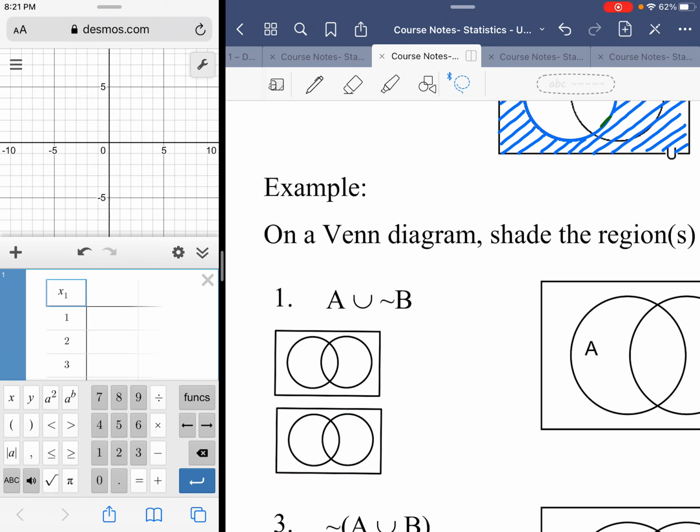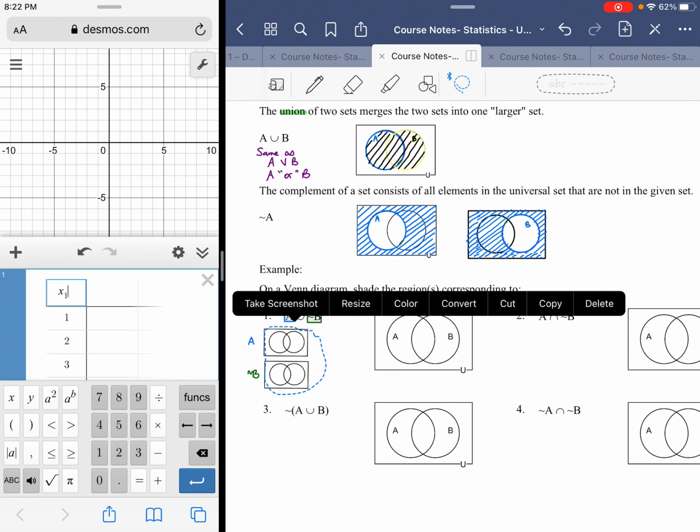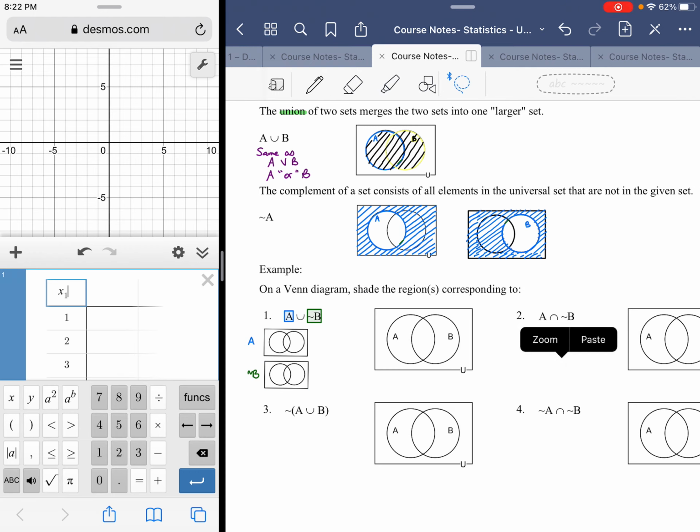So what I would do is I would actually plot out A and not B, just in two separate Venn diagrams. And then, like I said, I would merge them together later. All right, now I don't want to lose these because I put so much time and effort into it.